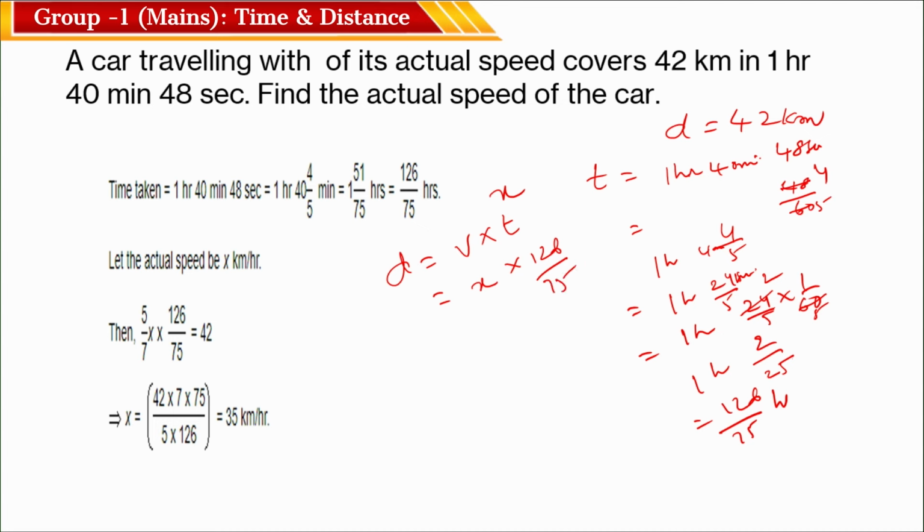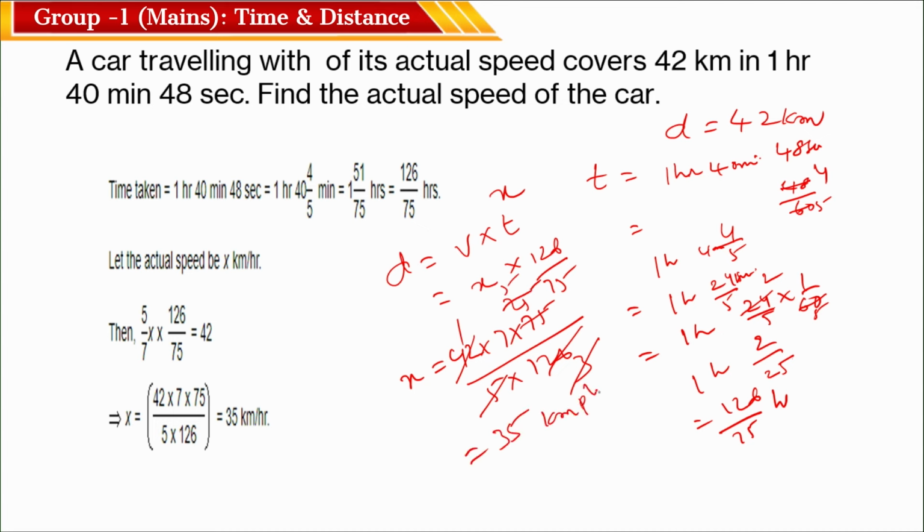Okay. So when you simplify it, x is equal to 42 into 7 into 75 by 5 into 126. 42 ones are 42, 3s, 3 ones are 3, 25s, 5 ones are 5, 5s, 7 5s are 35 kilometer per hour. In this way, you can calculate the actual speed of the car, clear?